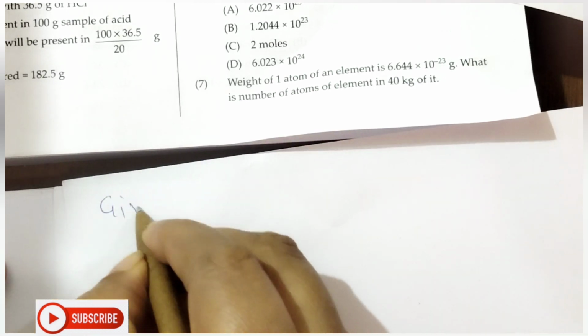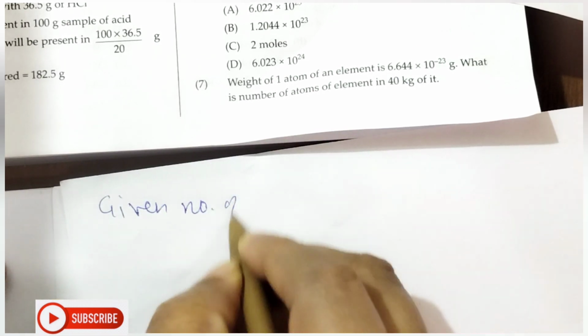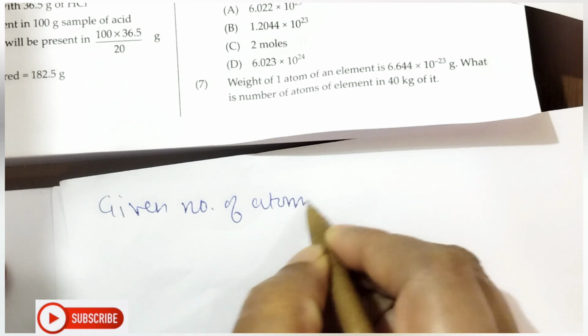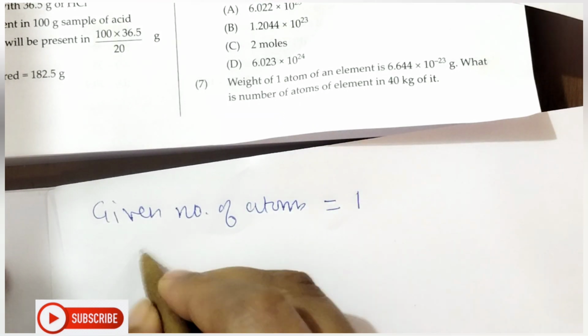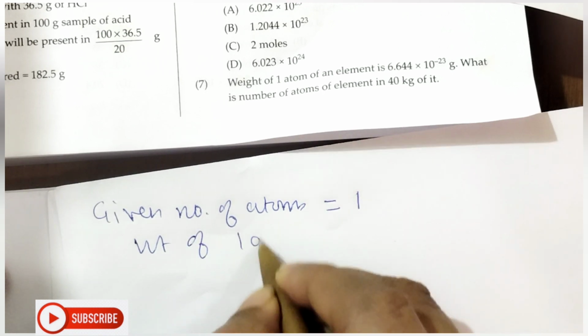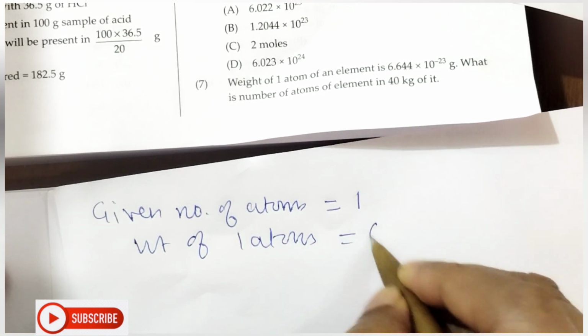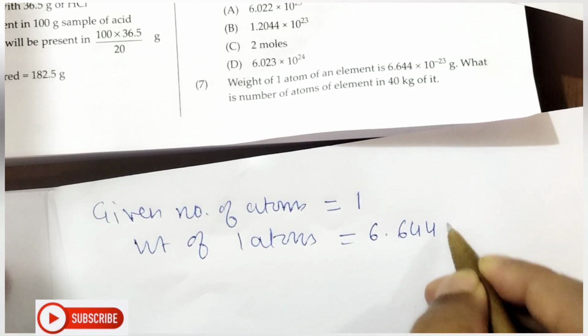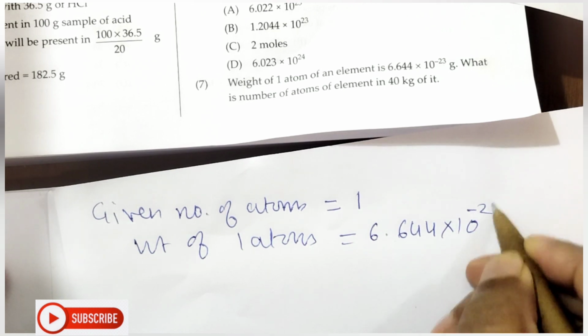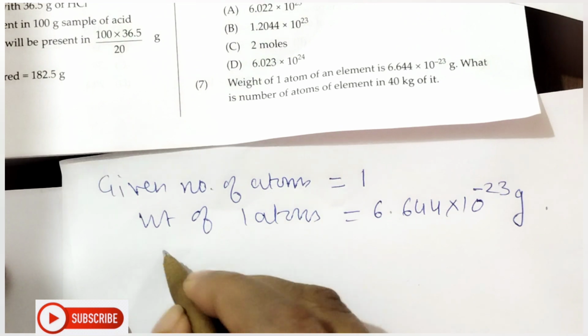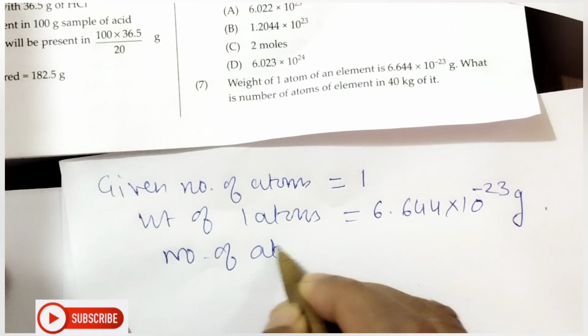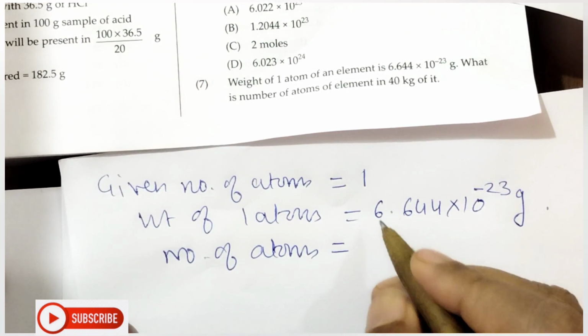Given number of atoms, they are asking for one atom, so that is equal to 1. The weight of one atom they have given is 6.644 into 10 raised to minus 23 gram. Now here we need to calculate the atoms, so the number of atoms is equal to, what is the formula, students?